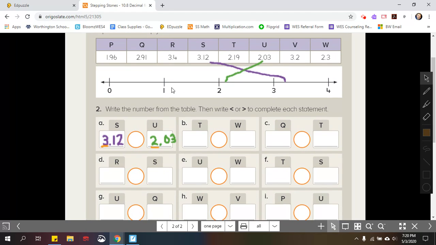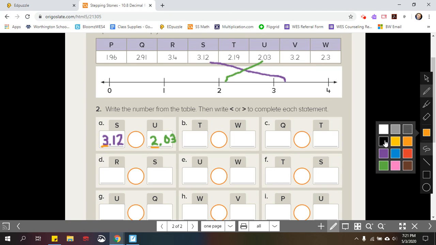So again, if I'm looking at step up number 2, letter A, I'm going to write the number from the table. So S goes with 3 and 12 hundredths, so I write that in. U goes with 2 and 3 hundredths. And then I need to complete the comparison with less than or greater than. Well, what I know when I look at these numbers, I can use the number line to help me.